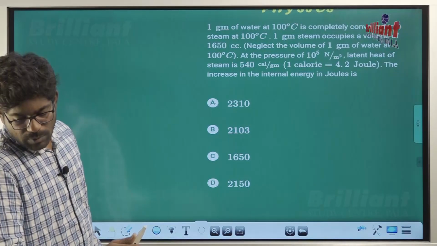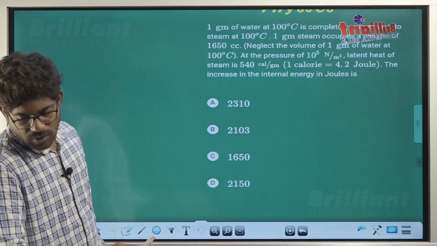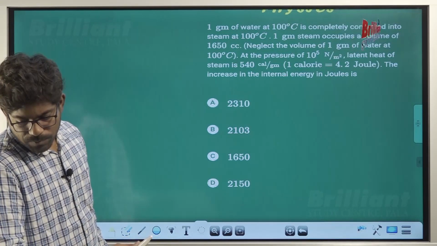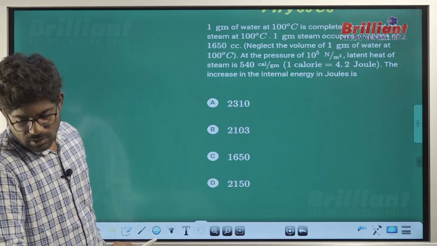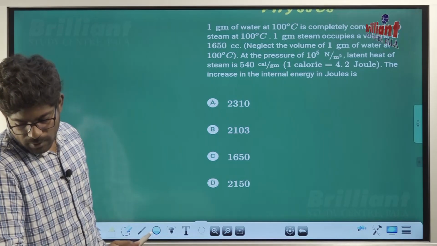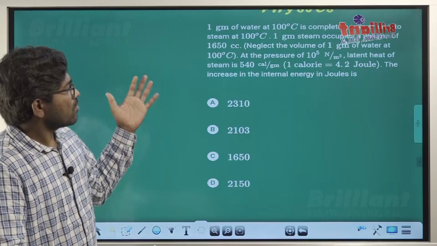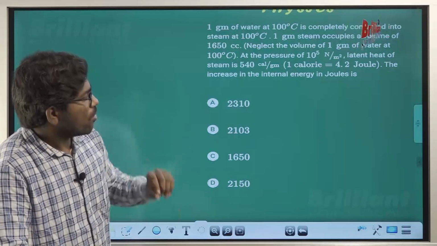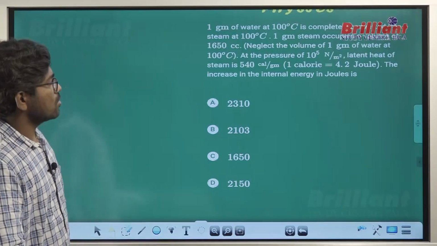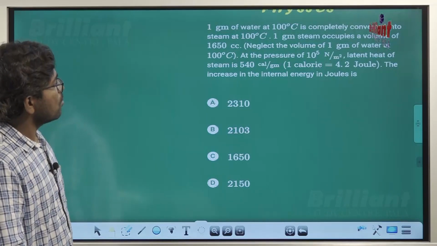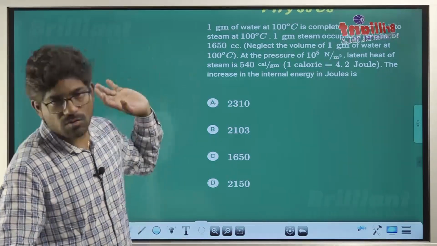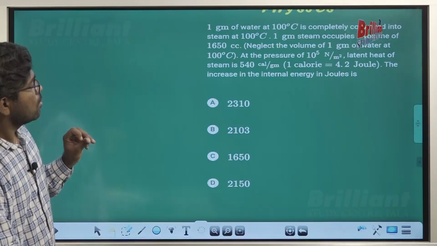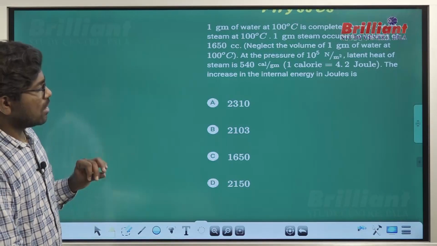Then the increase in internal energy in joules is given by. So water is converting into steam here. They are asking you to neglect the volume of water, 1 gram of water, which is at 100 degrees C. So steam, some volume is there. What is the volume of steam here? 1650 centimeter cube, right? Then what is the increase in internal energy they are asking here?